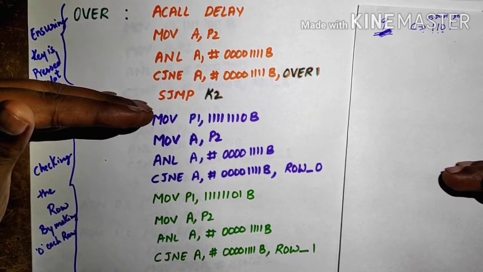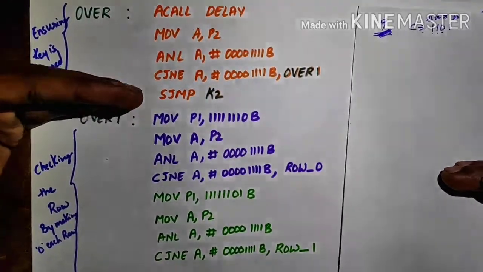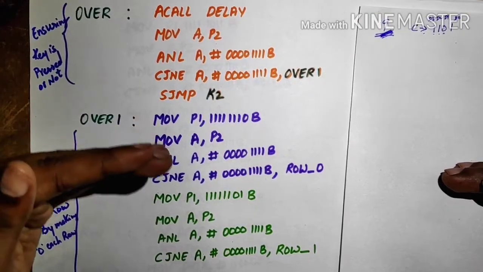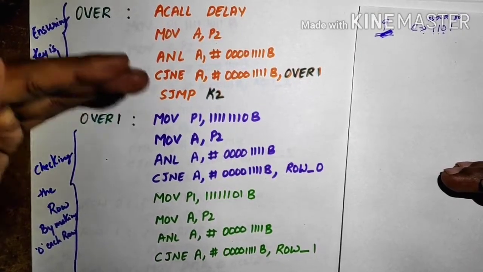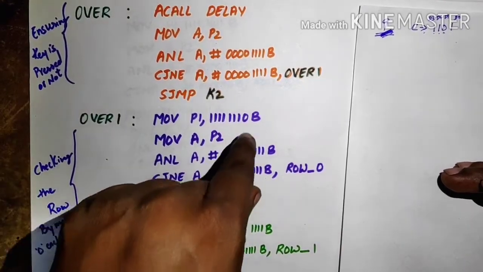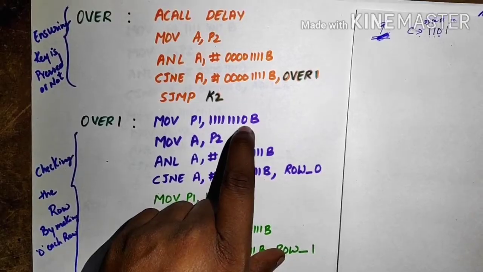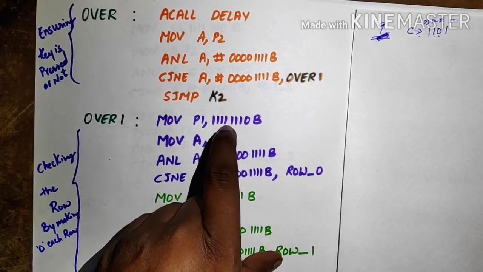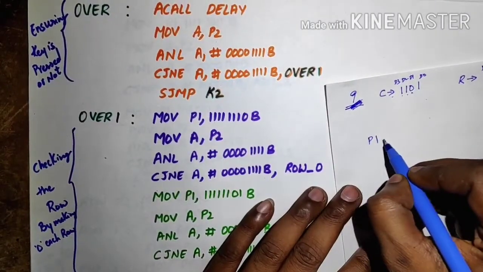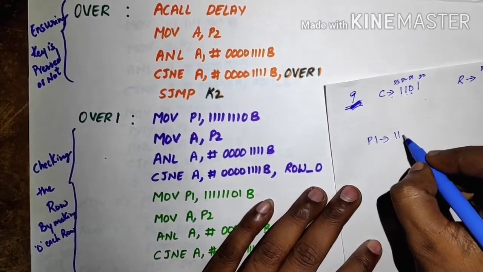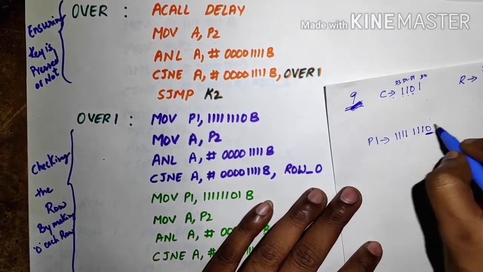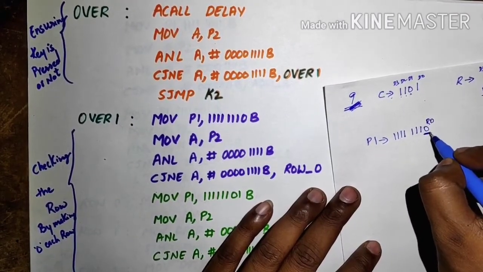See here, in step 3, what have we done to find the row values? We used to make a single row 0 and the remaining rows 1s. Initially we will make row 0 and the remaining rows will be 1s. That's why we are moving to port 1 the value 1 1 1 1 1 1 1 0, which means we are making R0 0.